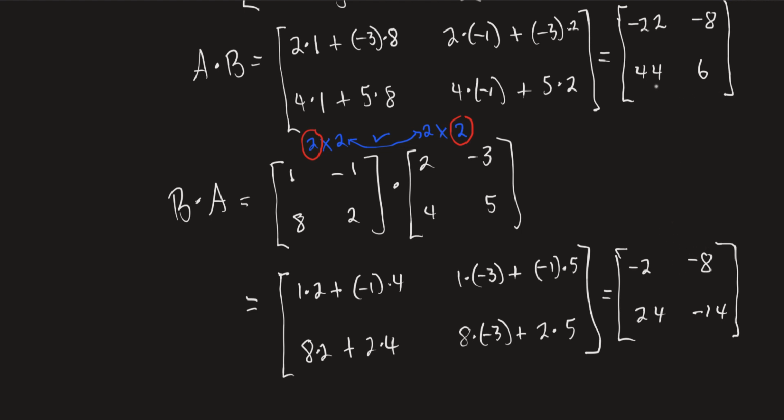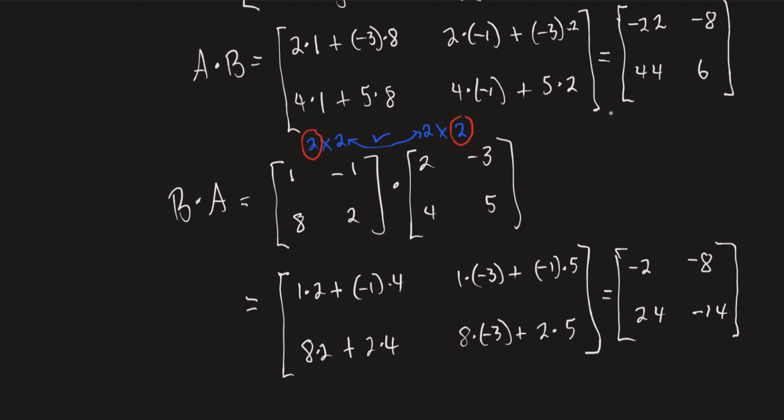All the other entries are different. So what this little example shows is that even though both of these products are well defined, they're not equal. So the order in which we multiply our matrices affects the answer.